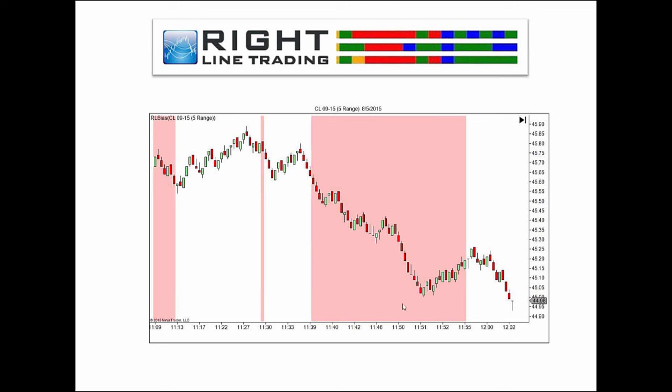You wait for support to be broken. You wait for this color, and you can ride this trade. Now, the trade configuration, like I said, calls for a very small risk, and the potential, you can see the move here. I didn't trace it out or scale it, but this is a huge move to the downside, and we can capture all of it.